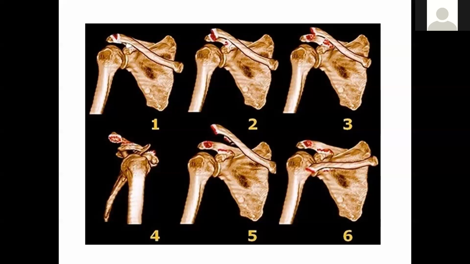Grade 5 is like a grade 3 on steroids. It's significantly displaced more superiorly. And grade 6, incredibly rare, almost never happens, even in the literature, but it is a clavicle that is displaced inferiorly and ends up below the coracoid, which is here.